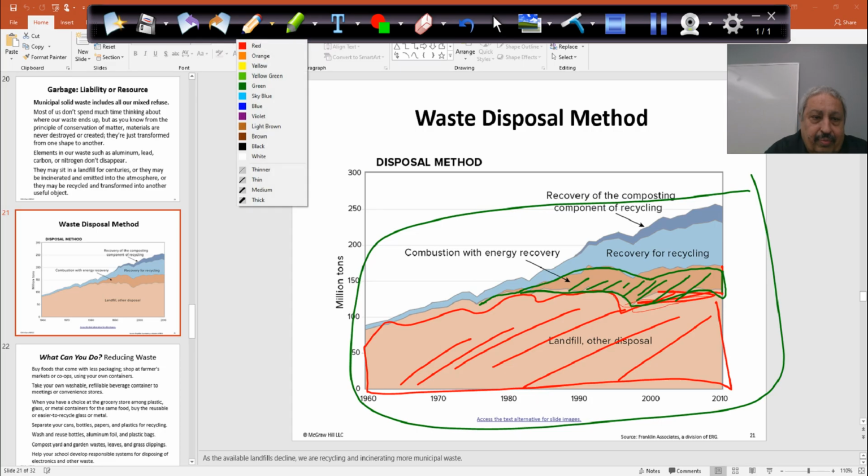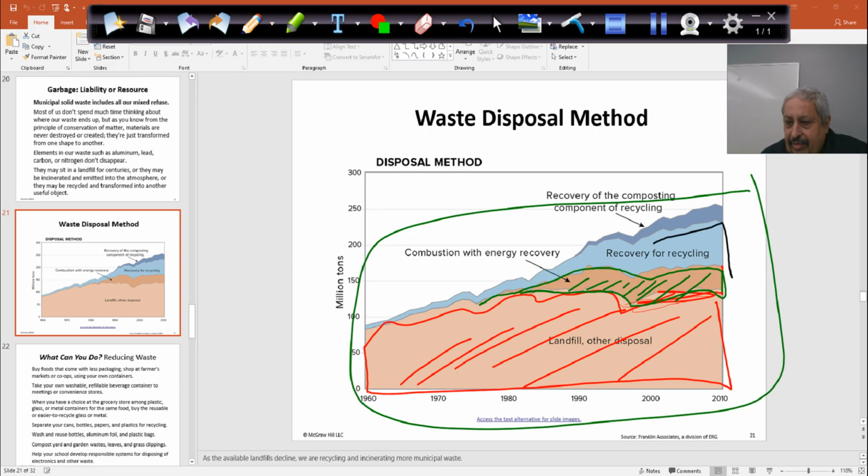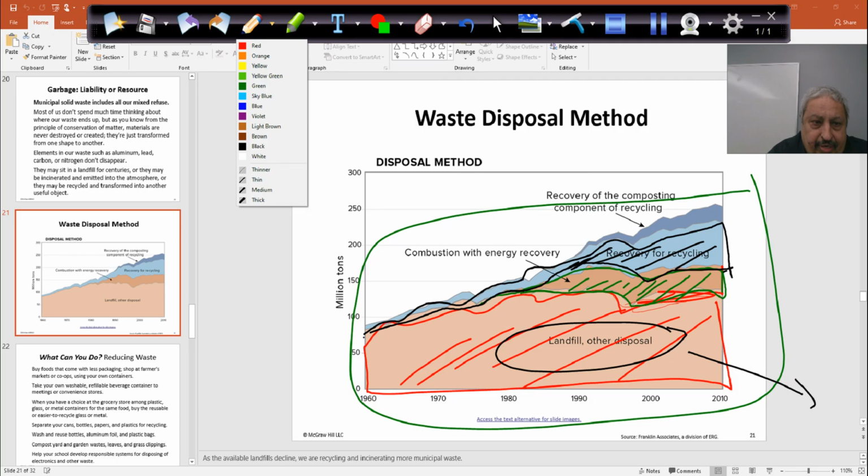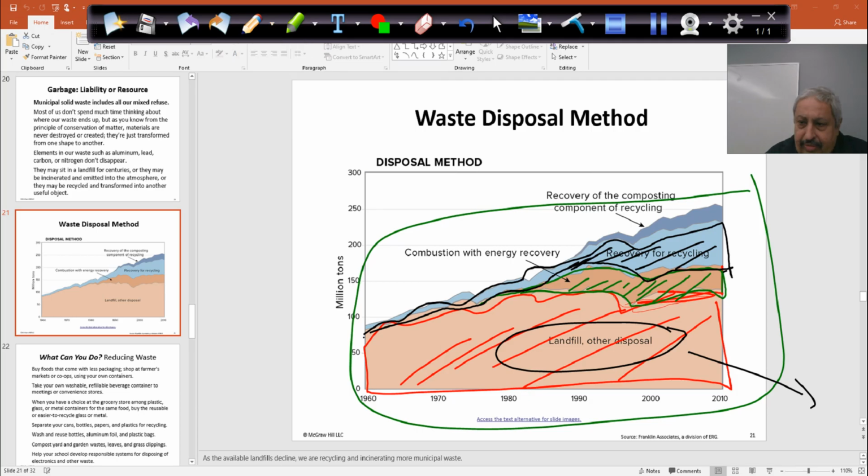Let's take another one. This one here can be taken out of the landfill by recycling. But the majority of the landfill is still there. See here, the majority is still there. And then the other one, let me have another color, violet here.